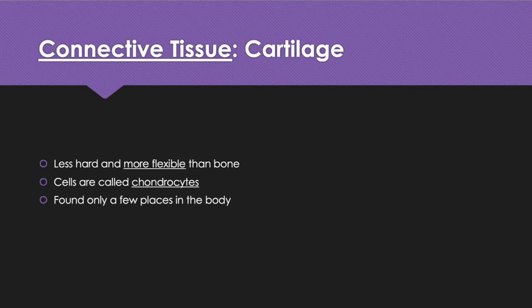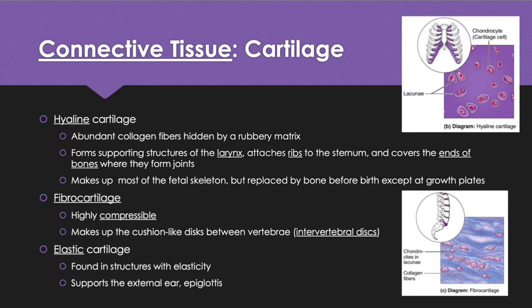Next we have cartilage. So this is not as hard as bone, and it's also more flexible than bone. Cartilage cells are called chondrocytes, and we find that tissue in a few places in the body, and we'll talk about that. So there's hyaline cartilage. Probably if you think of the cartilage in your body, it's hyaline cartilage that you're going to be thinking of.